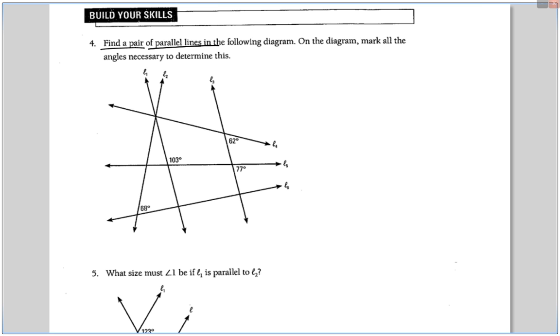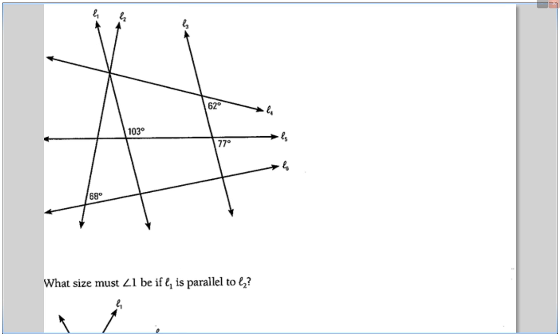Alright, so just trying to look, just from scanning this, I think that L3 might be parallel to L1, just sort of by the way that they're looking on the page. It's easy to sort of spot parallel lines. So what I need is a transversal.